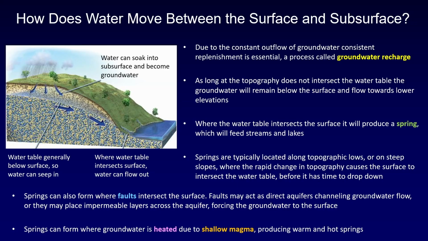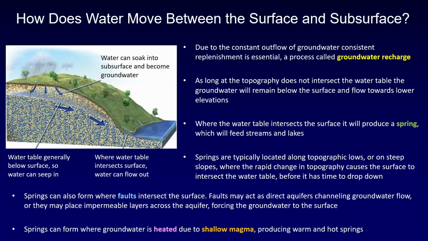You can also have a situation where your groundwater is flowing along your aquifer, and your aquifer happens to intersect an impermeable layer of rock, so let's say a granite. And so your aquifer, essentially your layer of porous rock, just stops when it hits the granite. And so the problem is, well, what's going to happen?